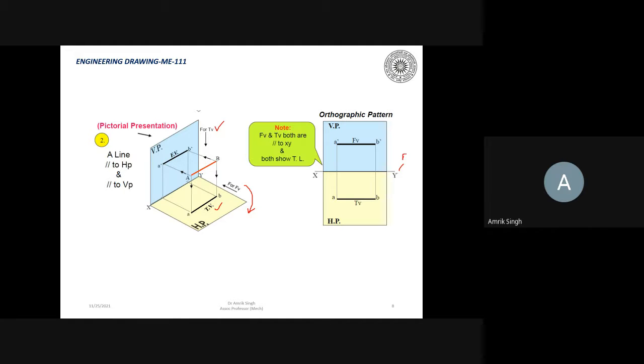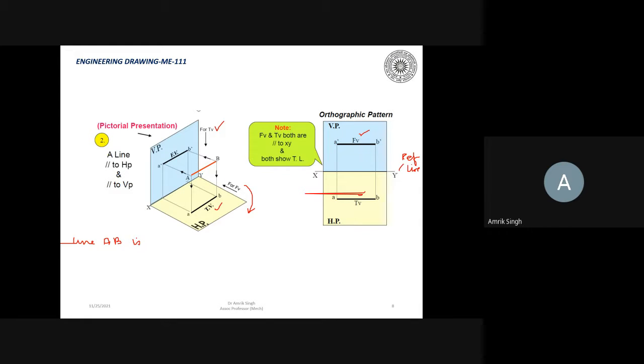You can write that it is a reference line. This line AB here is the top view, and this line is the front view.